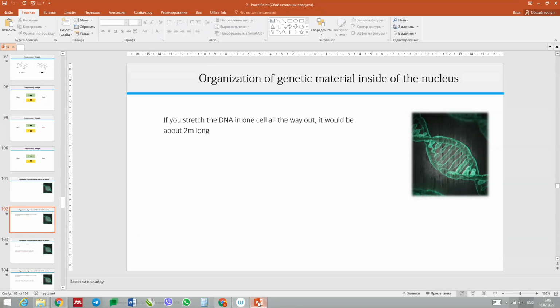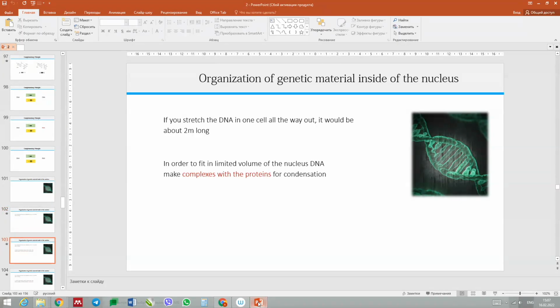But inside of this very small nucleus, there is DNA of total length of 2 meters. It is not possible without a special trick that will provide the possibility to condense DNA in order to fit the very small volume of the nucleus. And this is actually what happens.